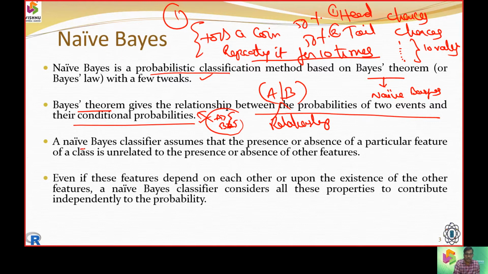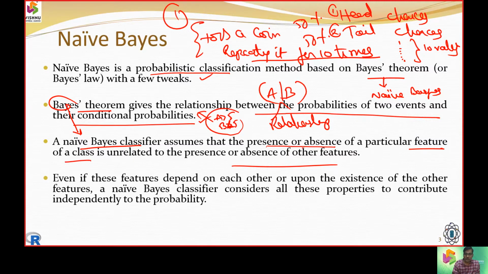So the naive Bayes classifier takes up the Bayesian theorem into it, that is the first concept, and assumes whether a feature is present or absent, and that is where we will look into it. Whether the feature is present or whether the class is present, we will see that scenario and thereby move on.